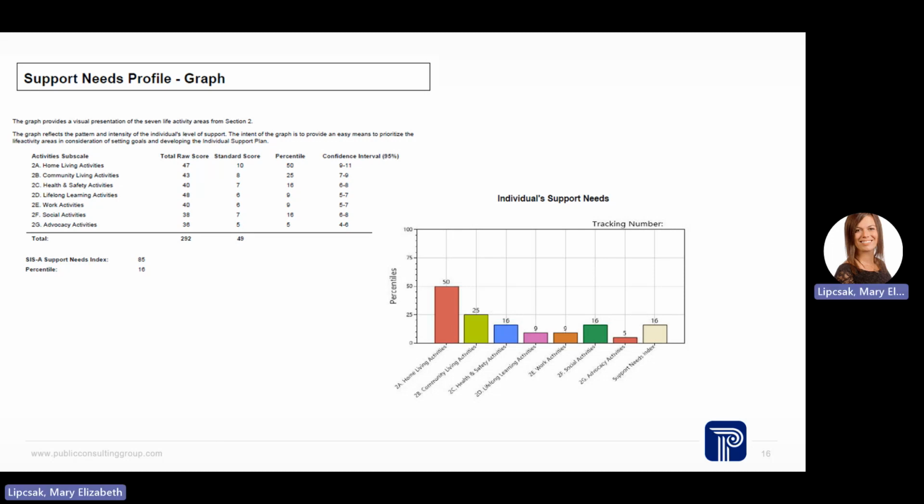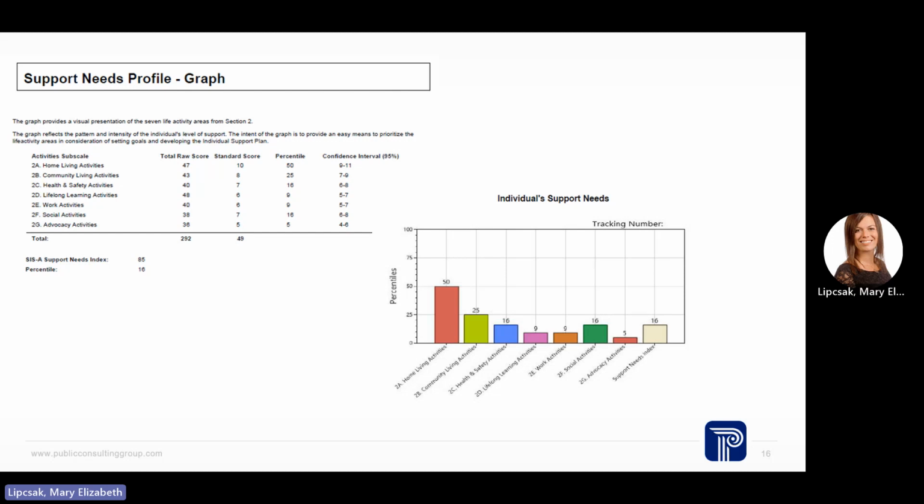A standard score above 10 is generally higher than average, and below 10 is considered lower than average. The percentile shows the percentage of the norm group scores that are at or below a given standard score.